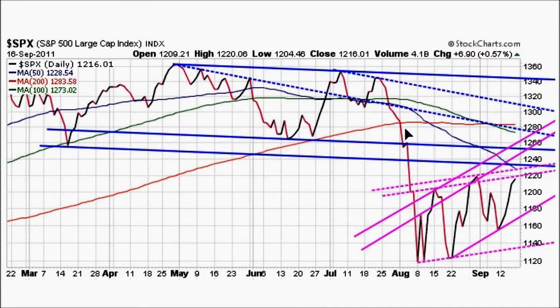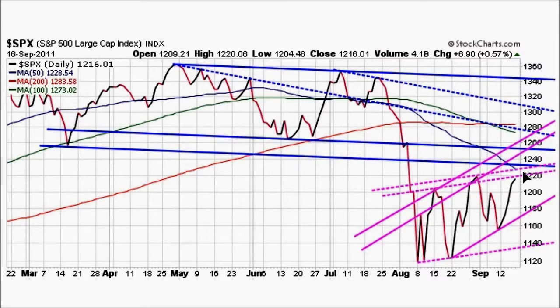Then you've got the 200-day moving average, which currently sits at 1283, and the 100-day moving average sits at 1273. The point being that the market faces a lot of obstacles in this area.